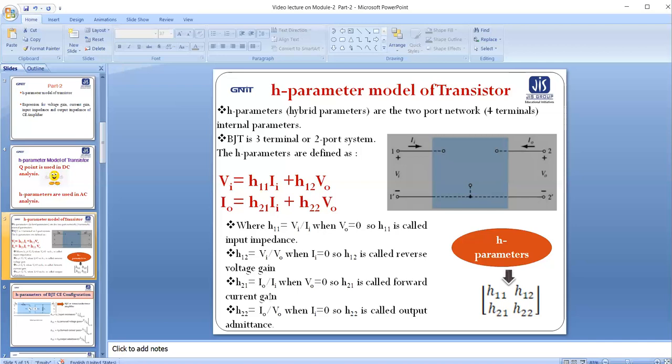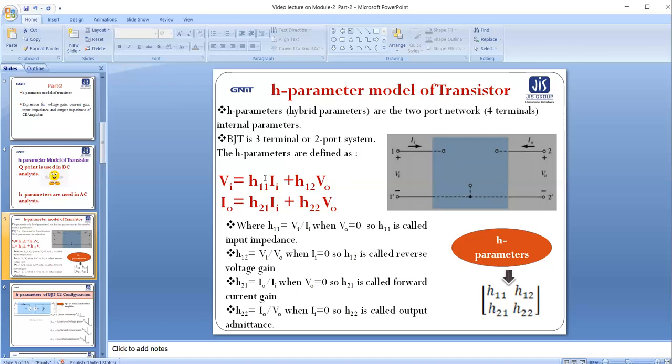So output divided by input. That's why it is known as forward current gain, because if you see in the picture, the current is entering the device from the 1 prime terminal, and the current is also leaving from the 2 prime terminal. So it is a forward current gain, right?